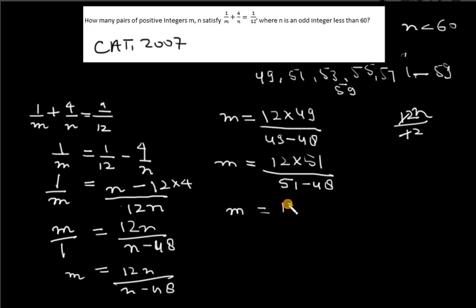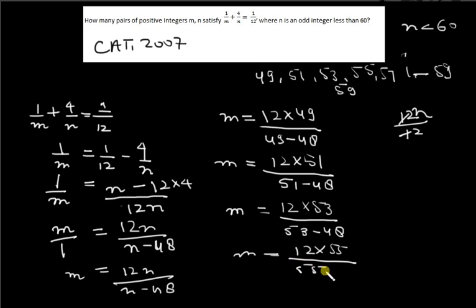Then 12 into 53, and 53 minus 48, then 12 into 55, and 55 minus 48, and then 12 into 57, and 57 minus 48. I'm writing different numbers for n.